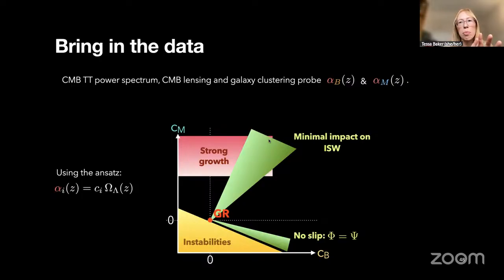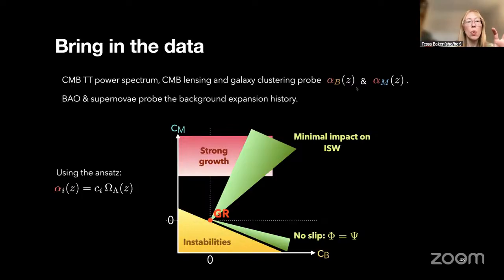And we're also going to bring in some galaxy clustering data. And those things will probe our space of alpha B and alpha M. We're also going to combine in this analysis data from baryon acoustic oscillations and supernovae. And both of those things constrain not the behavior of perturbations, but the sort of background expansion rate of the universe.